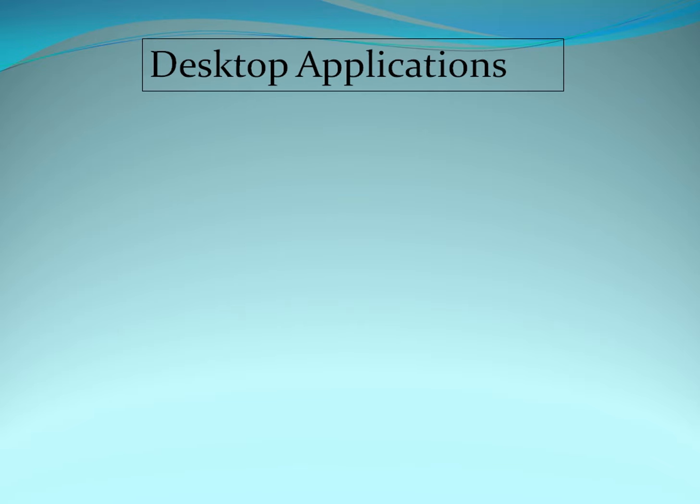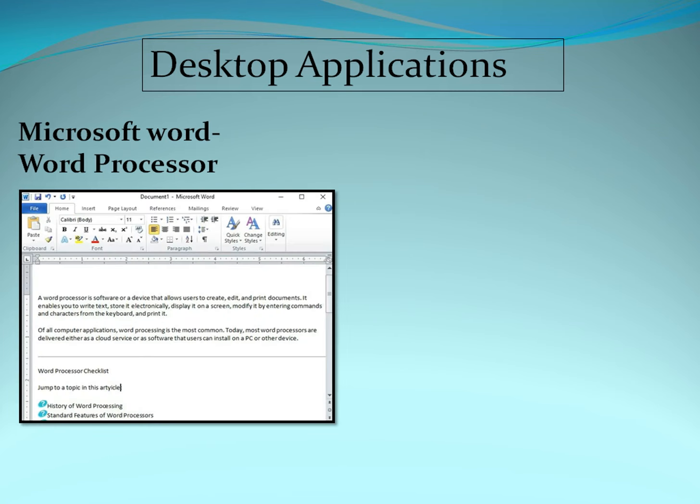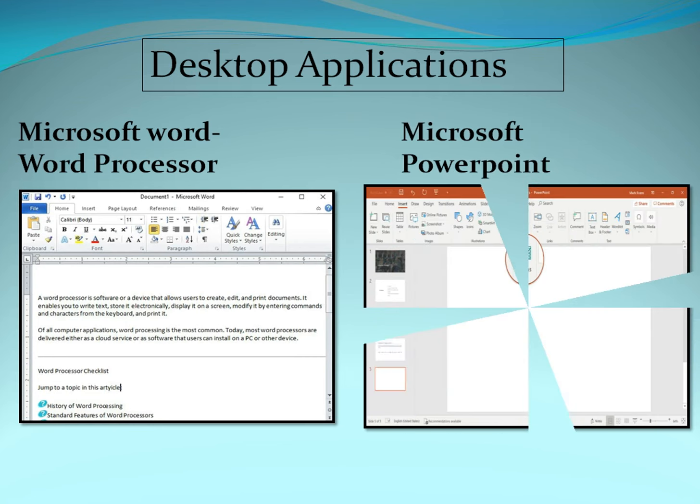Desktop applications. Desktop application has many applications in the computer. We'll have two examples on this screen. One is Microsoft Word, which is called a word processor. Another is Microsoft PowerPoint. Application software gives instructions to the computer to do a specific task.